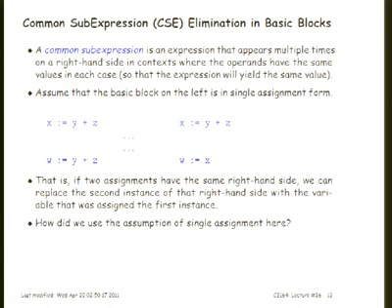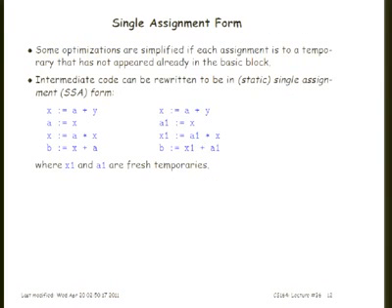So last time we had stopped right here. I'm going to have to remind you of a few things. Let's assume for the sake of this slide that we have converted the program into what was called single assignment form last time. Let's go back and look at that.